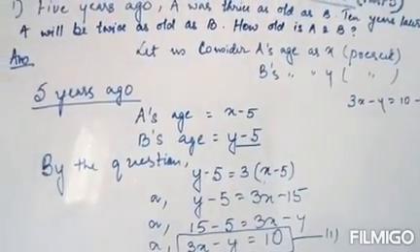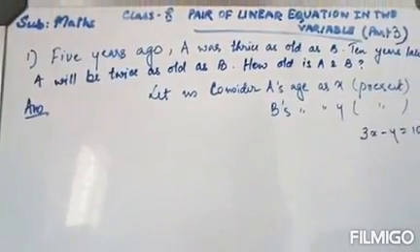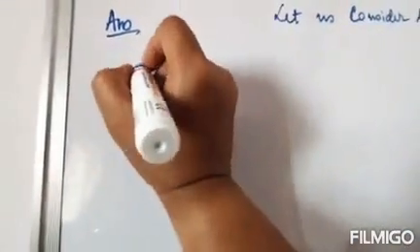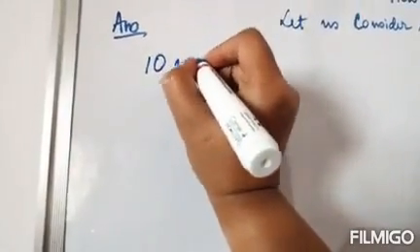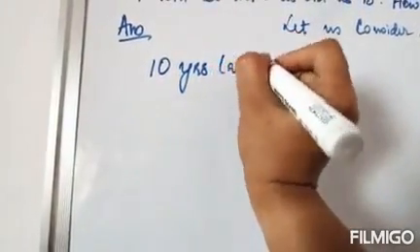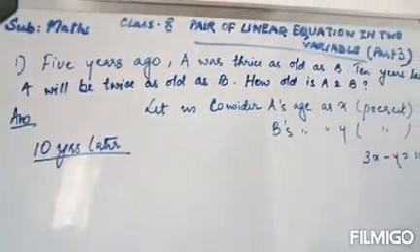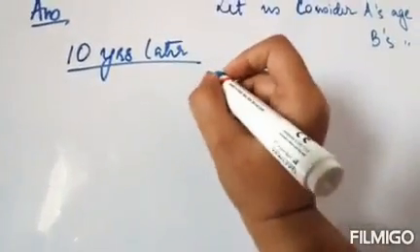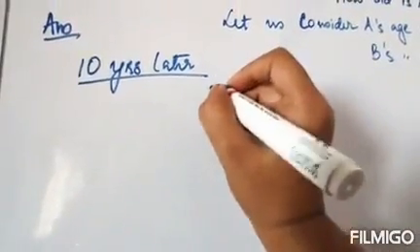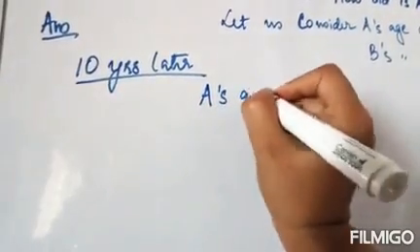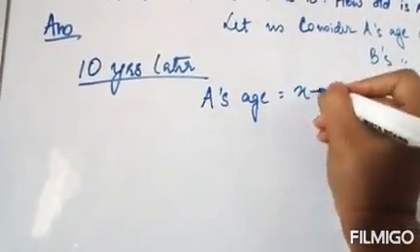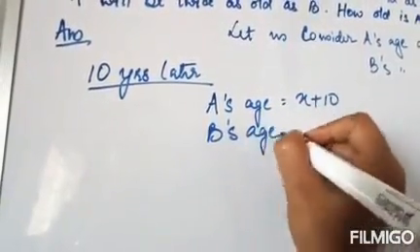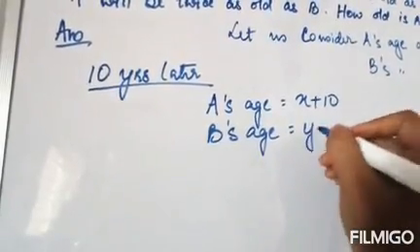So let's solve for equation 2. What information is given for equation 2? 10 years later. 10 years later, what will happen? A will be twice as old as B. So 10 years later, what will be A's age? If it is X now, A's age will become X plus 10 and B's age will become Y plus 10.